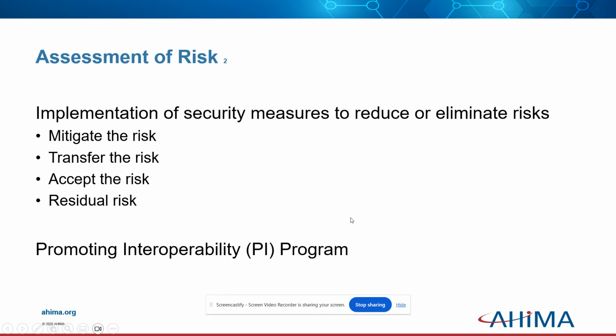And so, for instance, will we put security measures to reduce or potentially eliminate some of those risks? In some instances, we will seek to mitigate the risk, which means that we will attempt to the best possible manner to reduce that risk. In other instances, we may accept the risk.